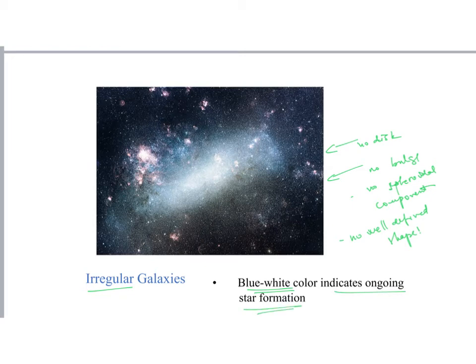star formation. Remember that blue-white color, that means there are hot, high-energy photons, and they come from massive stars, the ones that were just born, right? And we know that because they don't live for long.